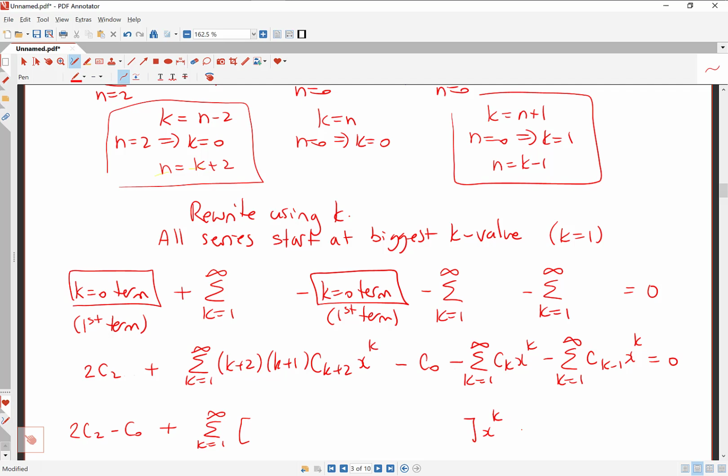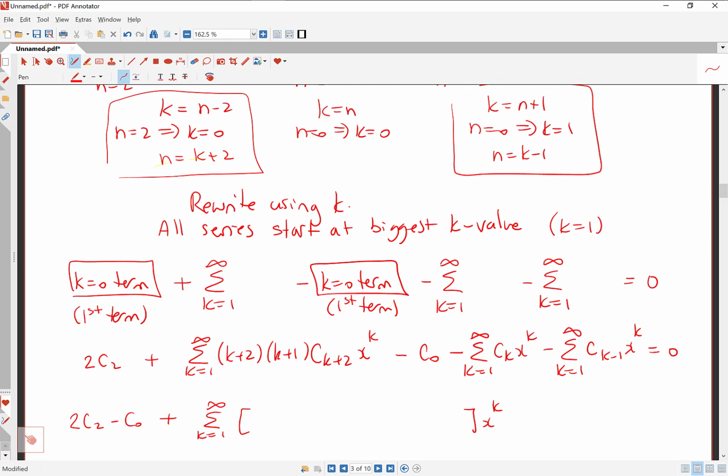So we're going to be able to just factor that out at the back. And let's work on writing down our coefficients. So we'd have k plus 2 times k plus 1, c sub k plus 2, minus c sub k, minus c sub k minus 1. That's all times x to the k, and that's equal to 0.